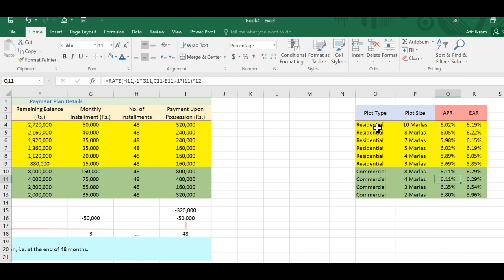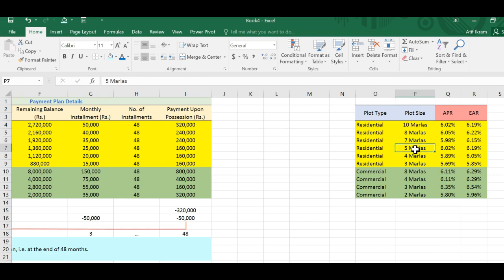But other than that, it doesn't seem like there is a correlation between plot size and APR within residential. For example, you're paying 6.02% on a 10 marla property, but if it is a smaller property, you're paying a slightly higher rate. But then if it becomes a little bit smaller further, the rate that you're paying is a little bit lower, 5.98%.